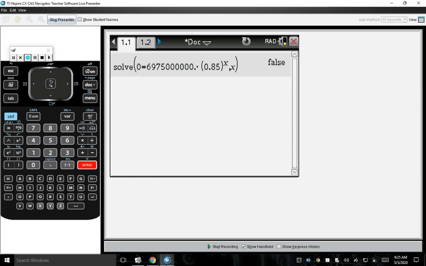Why did I get false? It's impossible to get to 0. Because if you're taking 15% of something off, you are creating 85% of what it used to be. So think of one person, and if you keep taking 85% of that, can you ever get that last person to 0?